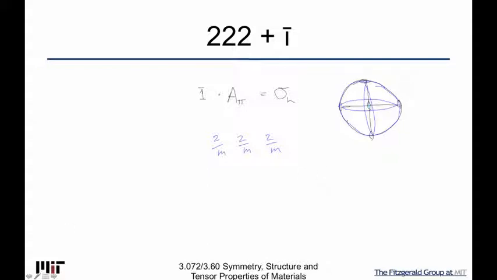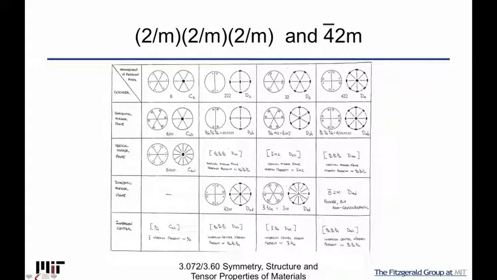So nothing unique there. Now if I look at our table and at the 222, when I added a horizontal mirror plane, I got a new one, 2 over m, 2 over m, 2 over m, with a mirror plane perpendicular to every twofold axis. When I added a vertical mirror plane, there wasn't any difference; it produced the same thing.